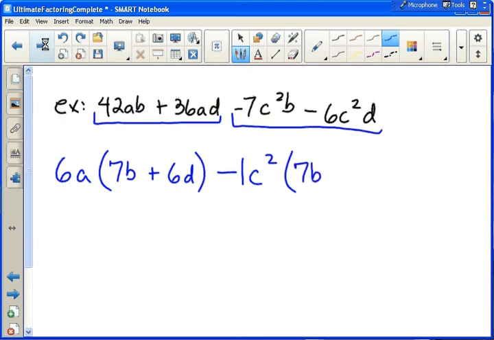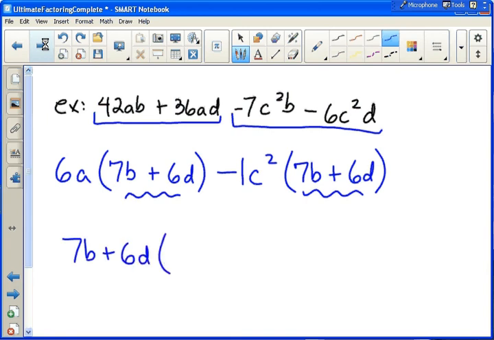So, yet again, we have a match, 7b plus 6d. If we factor that out, it will leave us with 6a minus c squared. If you want to check it, feel free to FOIL, and you will get the exact same thing back that you started with.